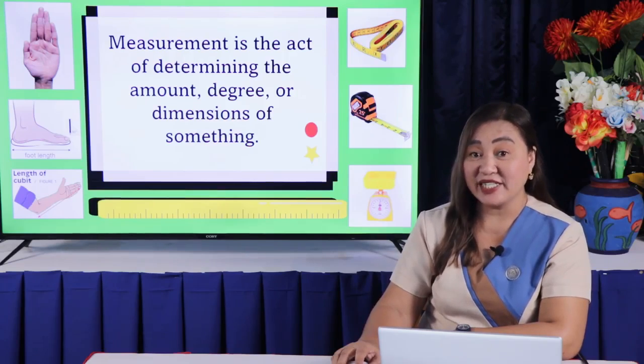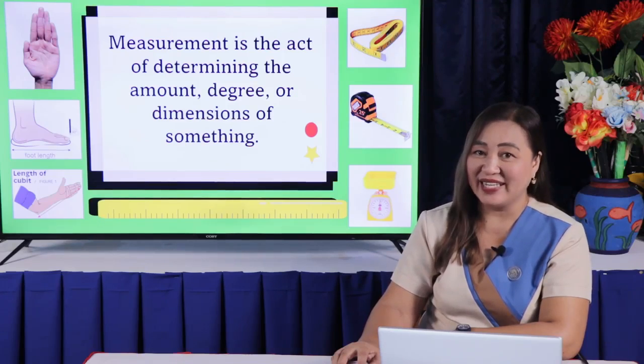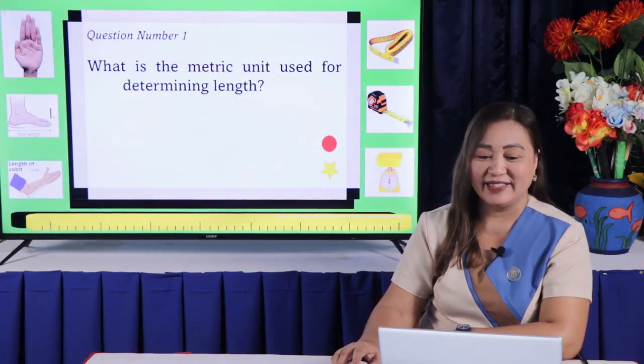Now, before we start our lesson for today, let us perform an activity. I have 2 multiple-choice questions, and you will be given 3 seconds to answer each question. Write your answers in your answer sheets. Are you ready? Let's go. Question number 1.